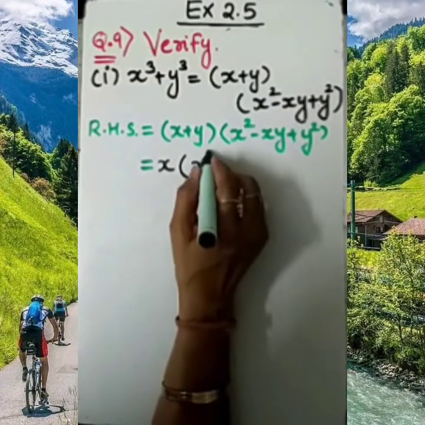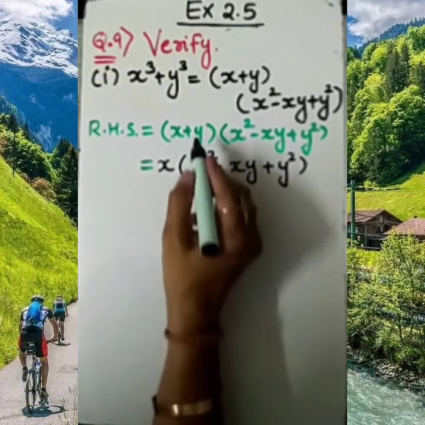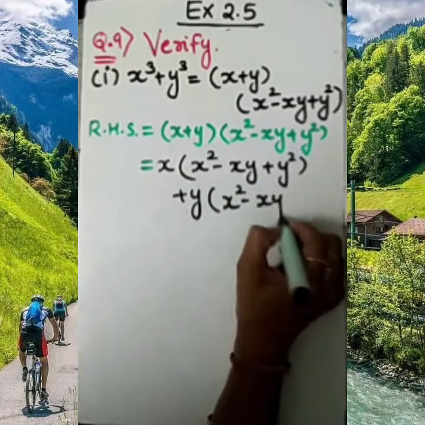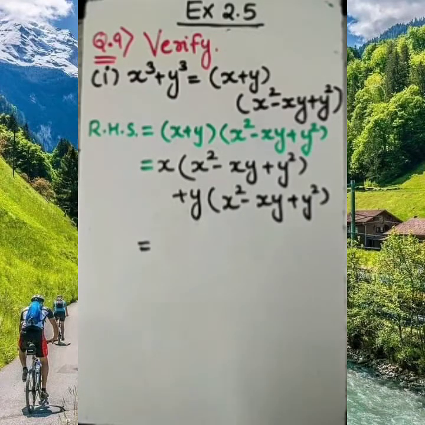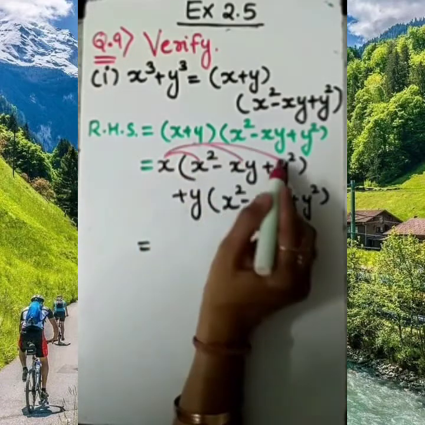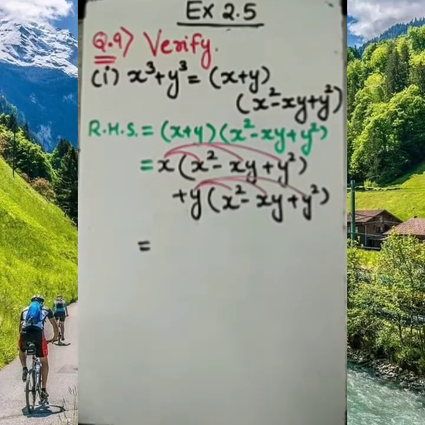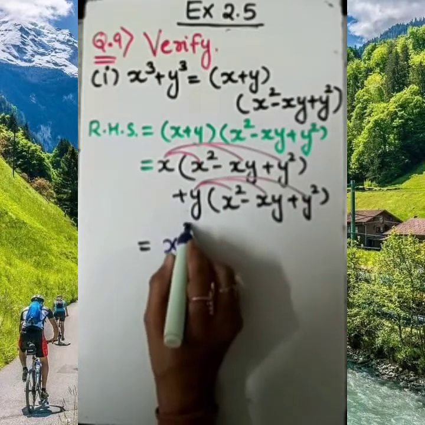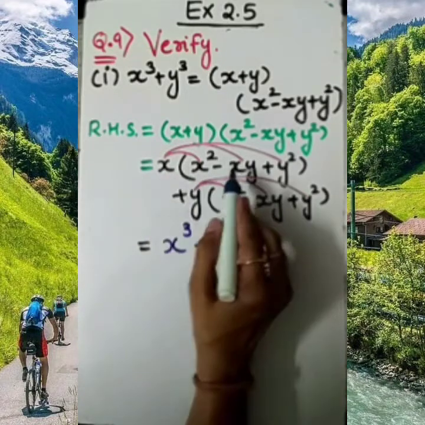Let me write all the terms of the trinomial in the bracket. And plus y, let me write all these terms again in the bracket. As you know, if we multiply individually one by one with this term, then we will have its product. So what will be the product? x will be multiplied by x square. x into x square gives the result x cube, minus x into xy.